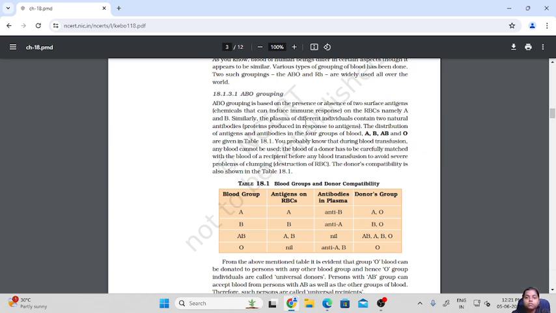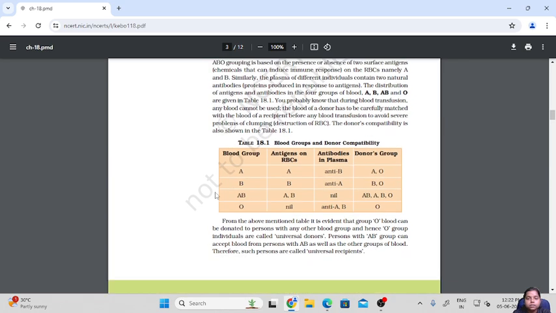Similarly, the plasma of different individuals contains two natural antibodies. Antibodies are the proteins which are produced in response to the antigens. So the distribution of antigens and antibodies in the four groups of blood, A, B, AB and O, is shown in this table 18.1.